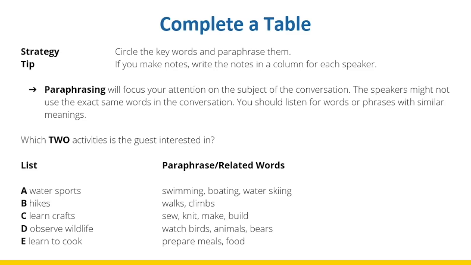Also, you might have something like hikes, but the speaker might not mention the word hikes, but say walks and climbing. So you have to make sure you know how to hear these words with different words. And when you are given 30 seconds to prepare before listening, that's the thing you have to do. You have to try to paraphrase the answer choices you have and be ready to hear these ideas with different words.